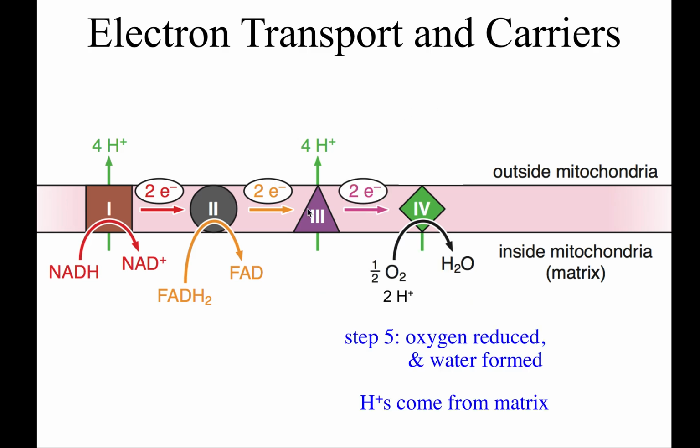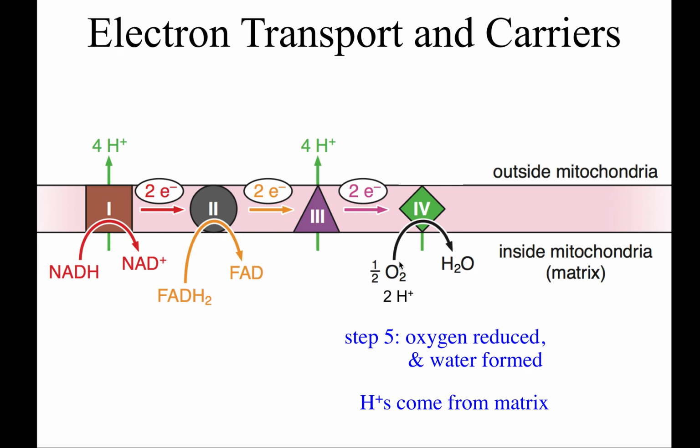And then the final place that the electrons go, so the electrons are losing energy as they go down this chain. This is like going down a waterfall. They're losing energy as they go down this chain. The last place they go is to oxygen. Now this isn't oxygen you breathe. This is molecular oxygen.